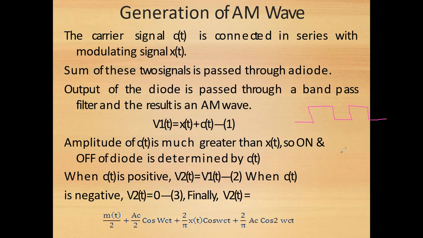So the equation representation is m of t by 2 plus Ac by 2 cos omega ct plus 2 by pi x of t cos omega ct plus 2 by pi Ac cos 2 omega ct.